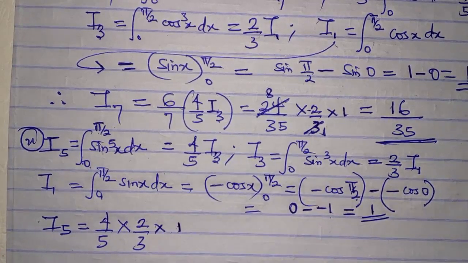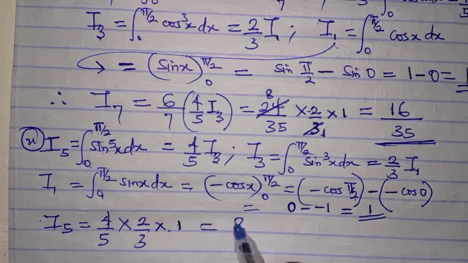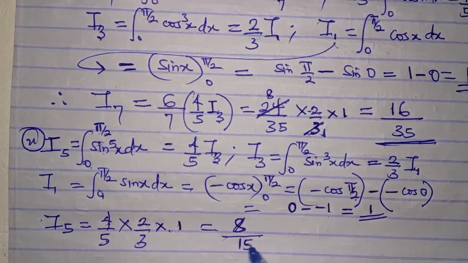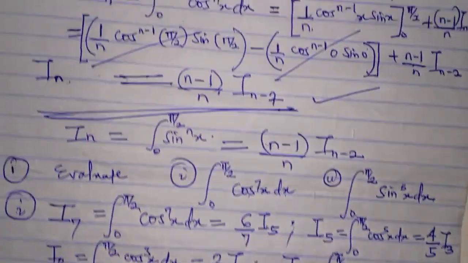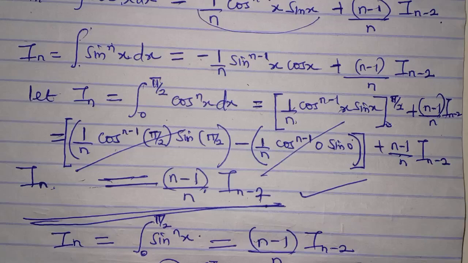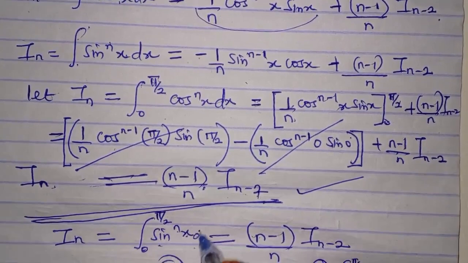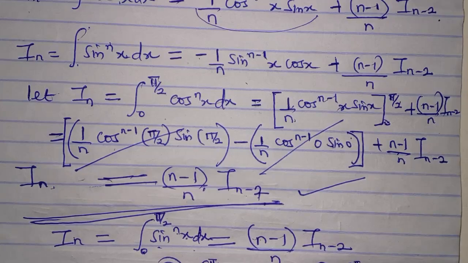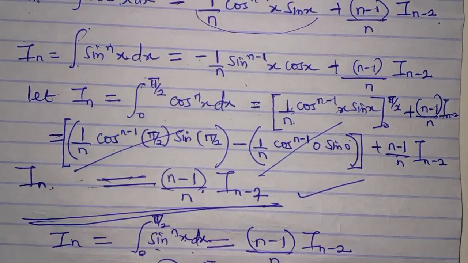You get it? 4 times 2 times 1 is 8, and 5 times 3 is 15. That's it. So this is the deduction and the application of the Wallis formula, the reduction formula for the integral of sine nx dx and the integral of cos nx dx from 0 to pi over 2.